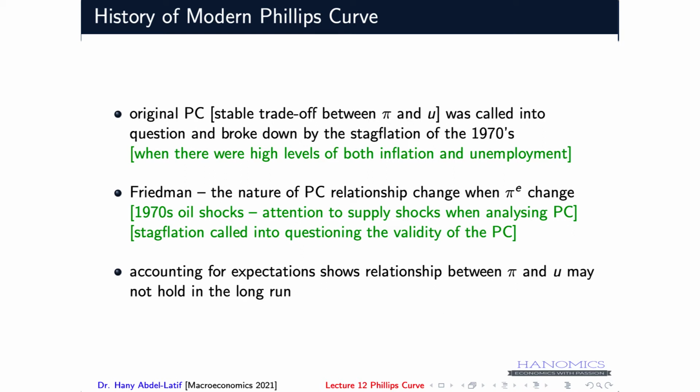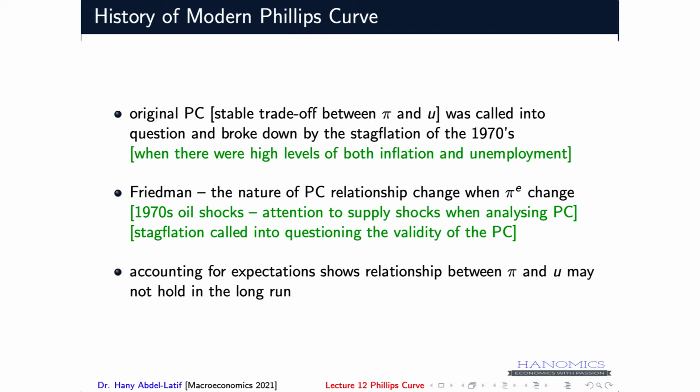In the 1960s, that was an important relationship in macroeconomic policy thinking, but moving toward the 1970s and afterwards, there were many questions about the validity of this simple and stable trade-off between the inflation rate and the unemployment rate, and we'll see how this has changed when we brought expectations into the picture. So we bring in expectations about the inflation rate, and we also need to take into account any supply shocks.